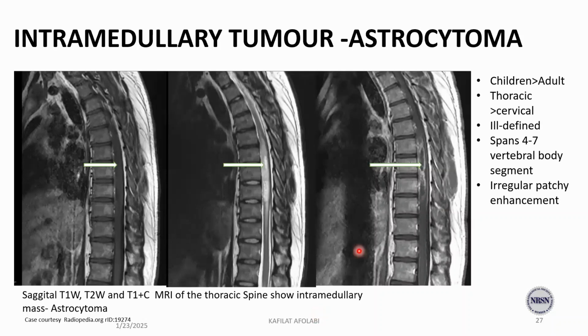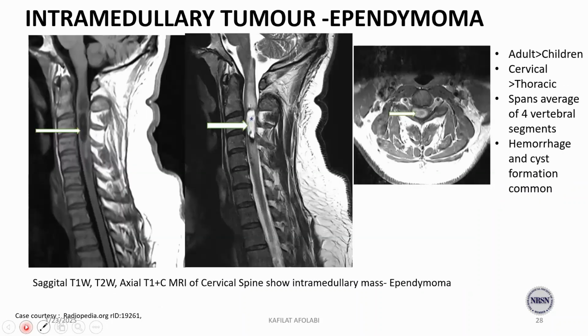Again, both of these lesions can show hemorrhage within the lesion, but ependymomas classically show hemorrhage. So here I have sagittal T1 weighted magnetic resonance imaging of the spine, as well as T2 weighted, and an axial T1 plus contrast, which shows a T1 hypointense upper cervical cord lesion, which is hyperintense on T2 and shows enhancement post-contrast administration.